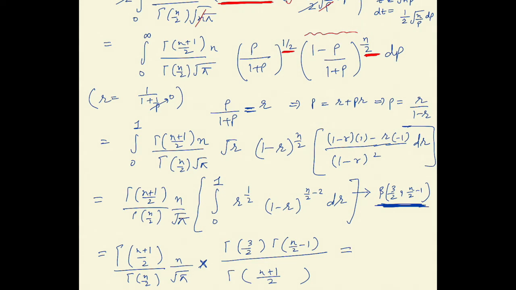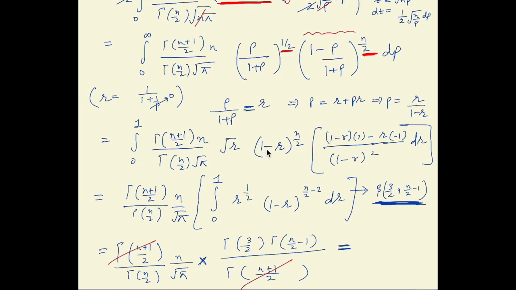So which gives our final expression to be, so this simply becomes 1 by 2 gamma 1 by 2 upon root pi gamma n by 2 and n and gamma n by 2 minus 1.